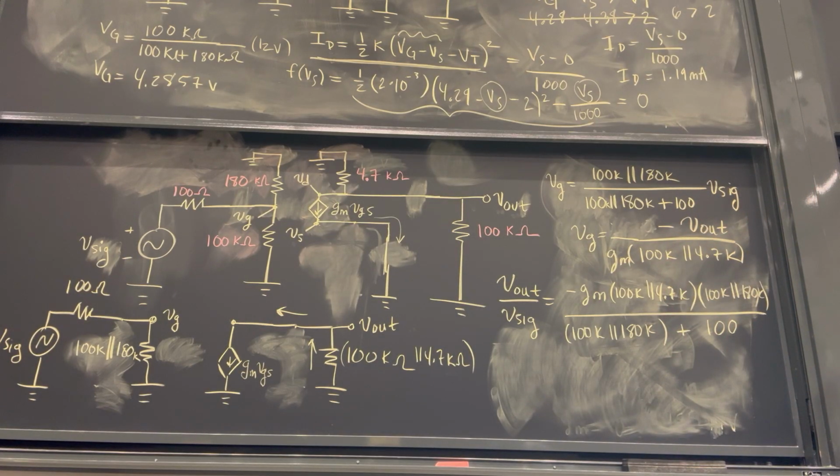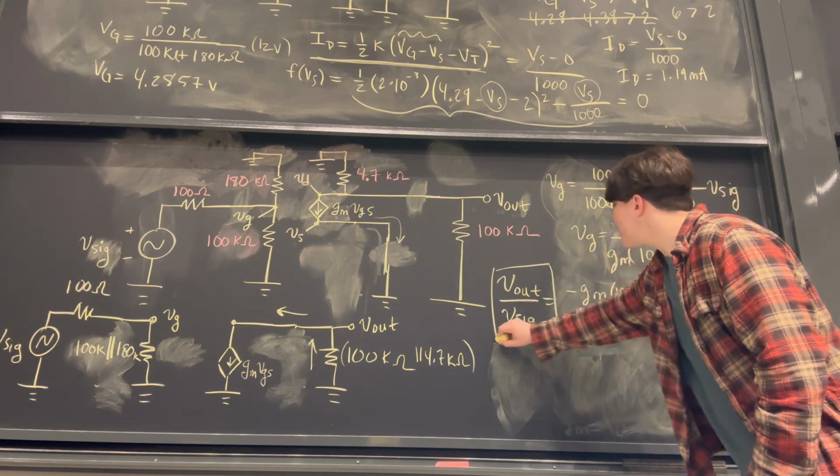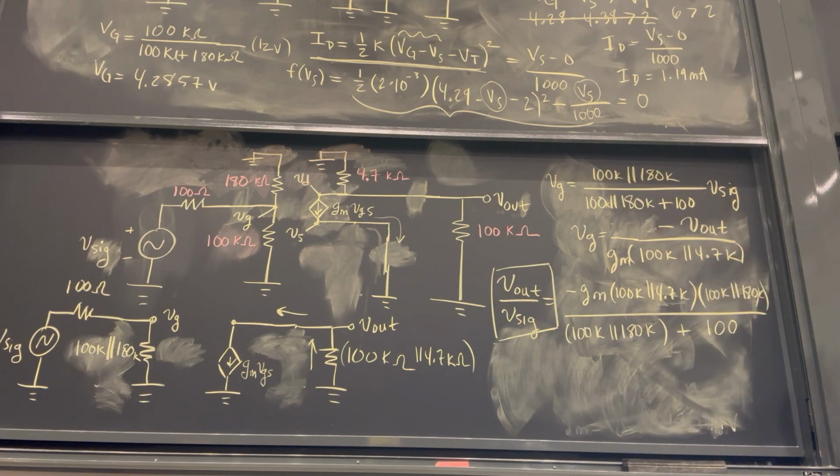This is the final gain of interest. This is the ratio we were after from the very beginning, and we literally have all the parts we need.